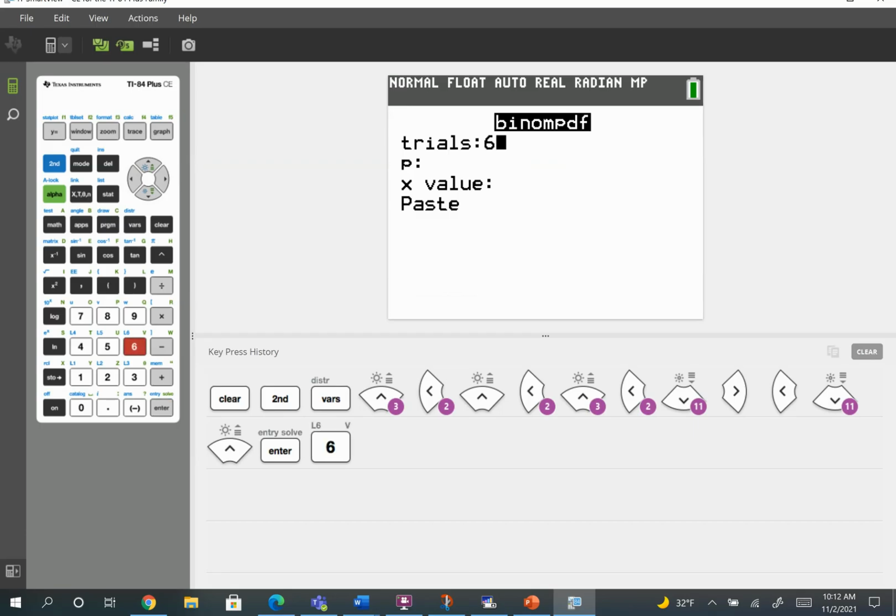We had 6. Probability of success. You need to make sure you either enter that in decimal or fraction form. We can't put 90 in there. You have to actually enter the probability. So 0.9. The X value is how many successes you want. We wanted 4 to get in.